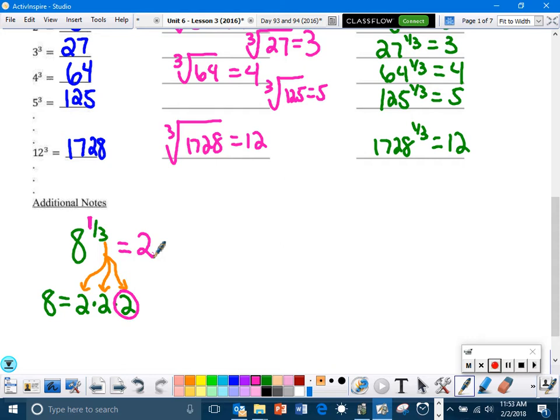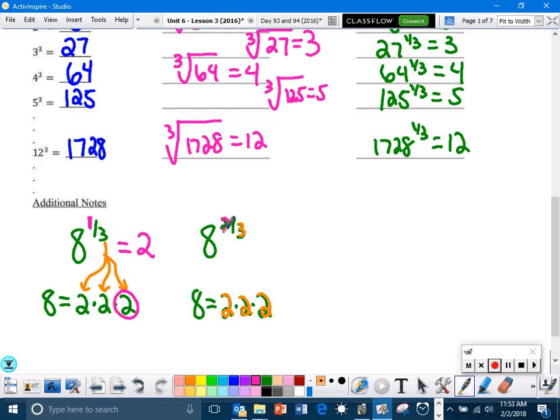Let me change now to 8 to the 2/3 power. Again, we get 8 by 2 times 2 times 2. That comes from the denominator of 3. Let me color code this. So this denominator tells us there are 3 2's. 2 times 2 times 2 gives us 8.